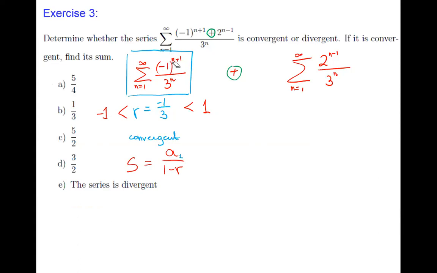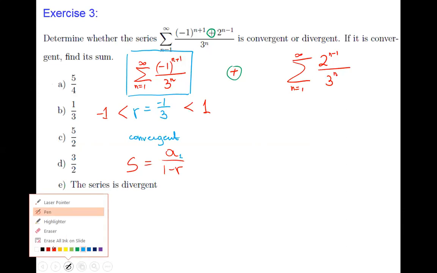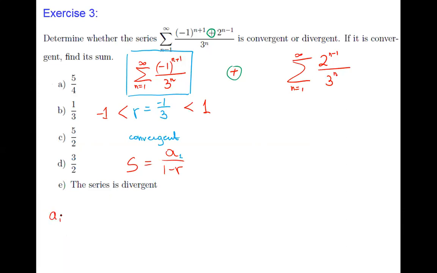It's also 1/3, because we will have -1 to the power of 1 plus 1, over 3 to the power of 1. That means a sub 1 is 1 over 3, the same thing, okay?